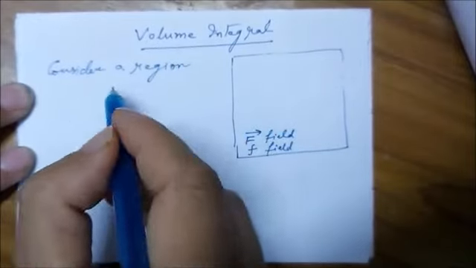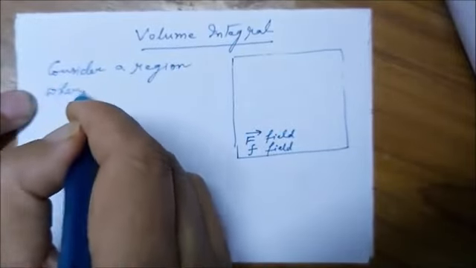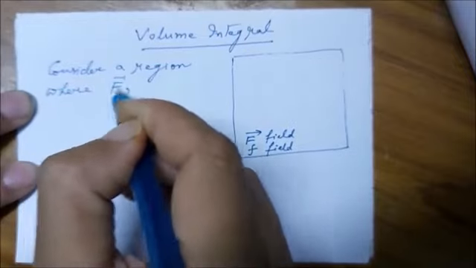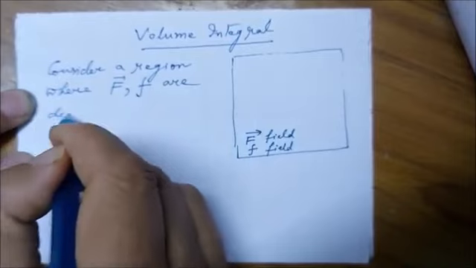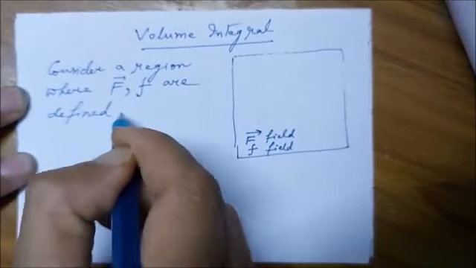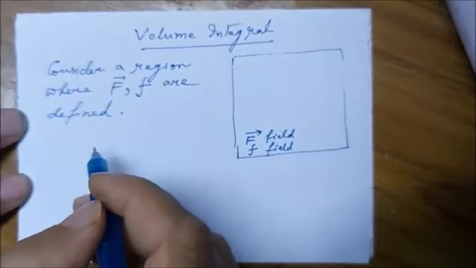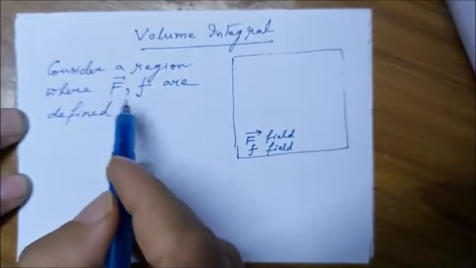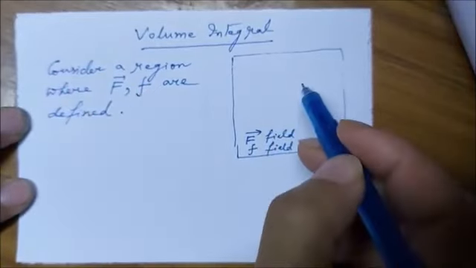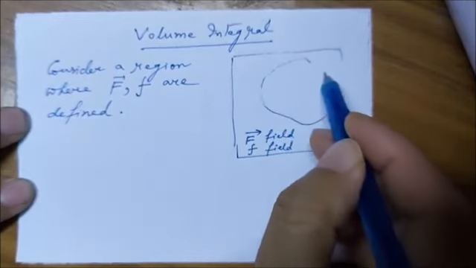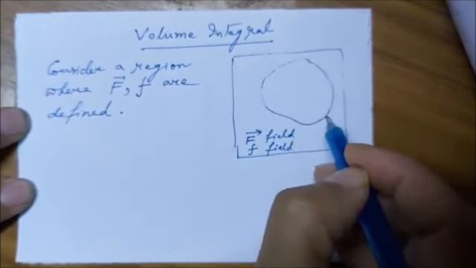So we consider a region where these are defined. This is the vector field, this is the scalar field. In this region, let us consider a volume, and let us call this volume V.